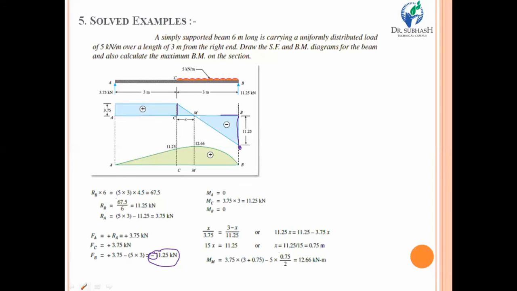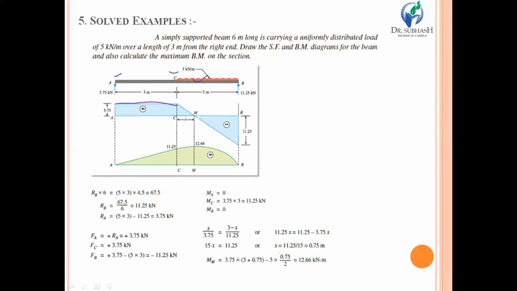Once you have located all the points A, B, and C, then you have to think about the types of load which are acting in between the sections. Over here, between section A and section C, there is only a shear force acting, so we can say it will be joined with the horizontal line. But between C to B, there is a uniform distributed load.